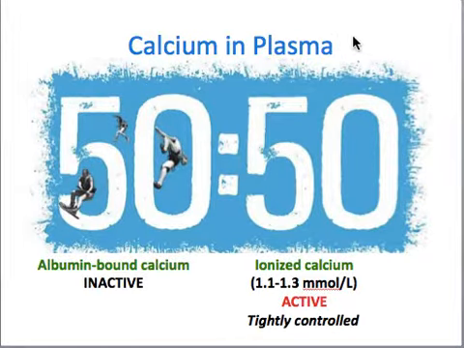So in the plasma, your calcium will either be bound to albumin or ionized. So 50% of calcium in the plasma will be bound to your albumin, and this is the inactive form. 50% of your calcium in the plasma will be ionized, and this one is your active form of calcium, and this one is very tightly controlled.